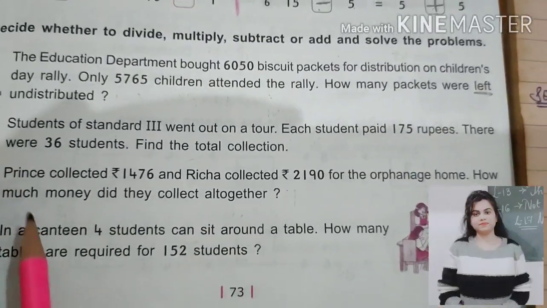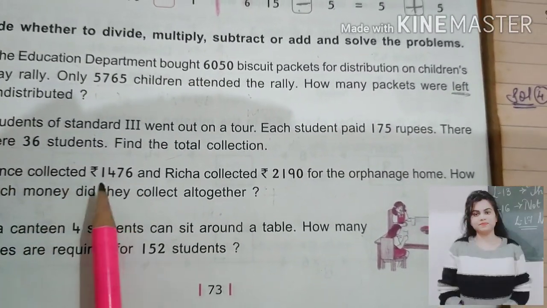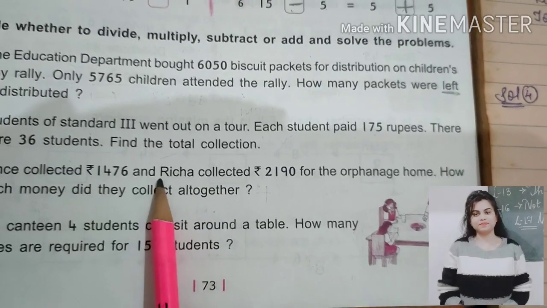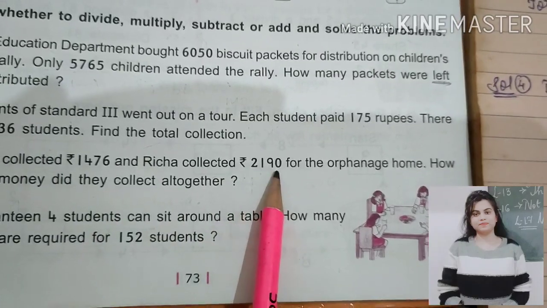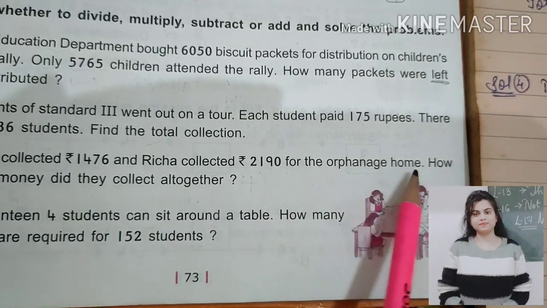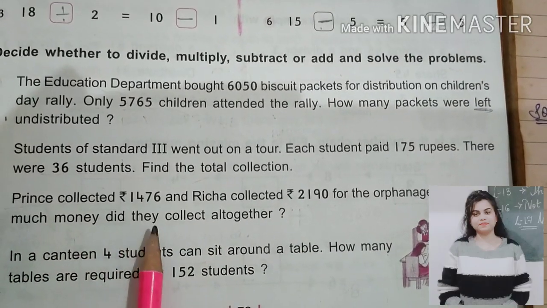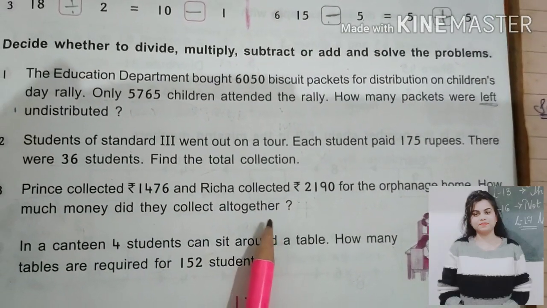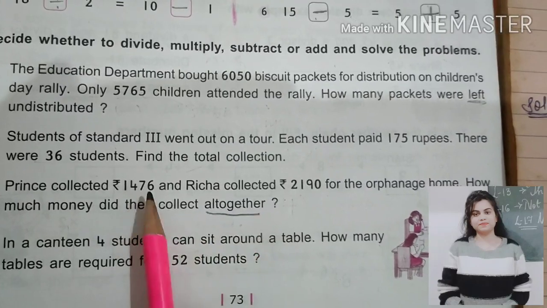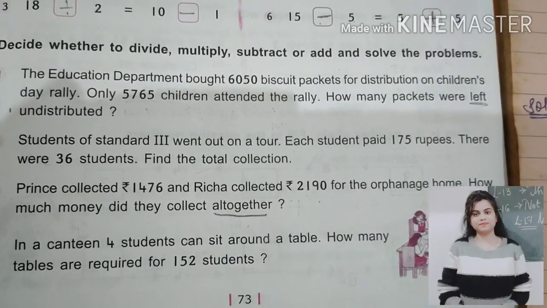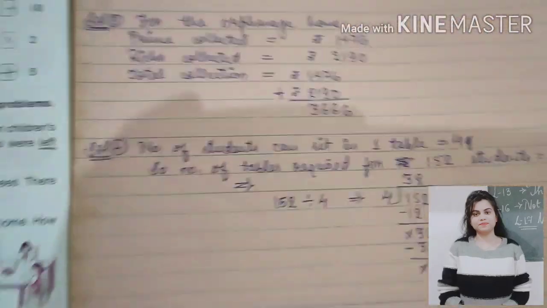Next one is, Prince collected 1,476 rupees and Richa collected 2,190 for the orphanage home. So, how much money did they collect all together? All together. That means we have to add these two amounts and find out the total collection.